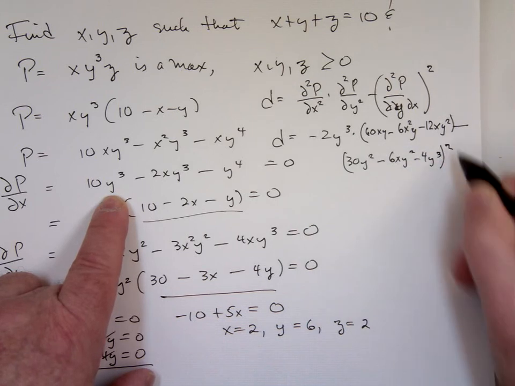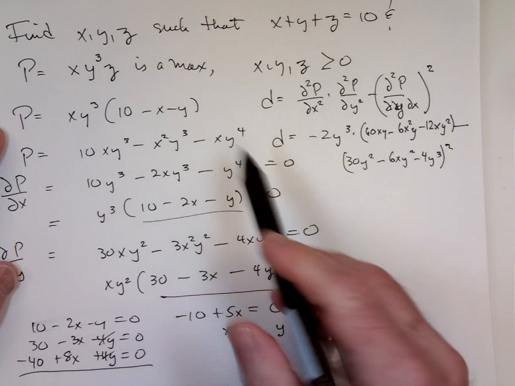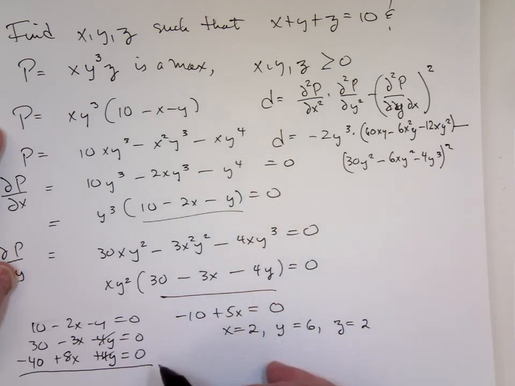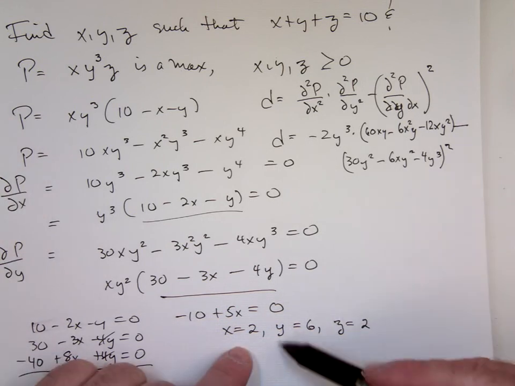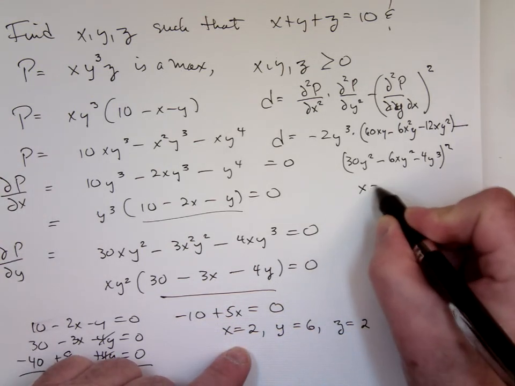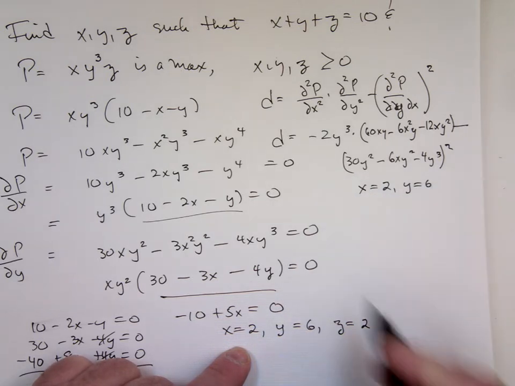I'm not going to do it out, but you would substitute in the point in question. Our point in question is 2, 6, 2. So you would substitute in where x is 2 and y is 6. And what would happen is you'd get d greater than 0.